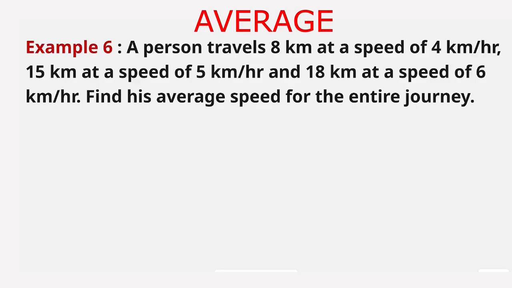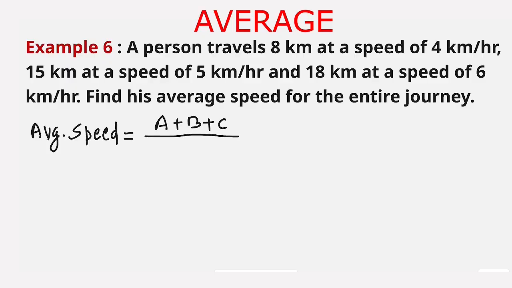We use the formula: average speed equals (A plus B plus C), the total distance, divided by (A upon X plus B upon Y plus C upon Z). These are the times for distances A, B and C. So we put the values.